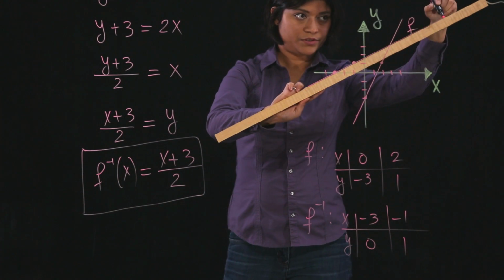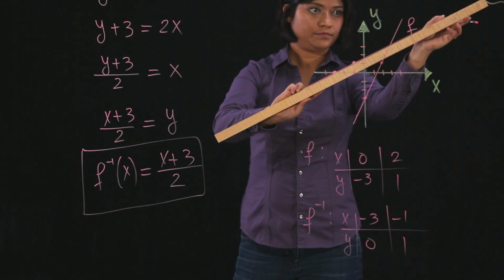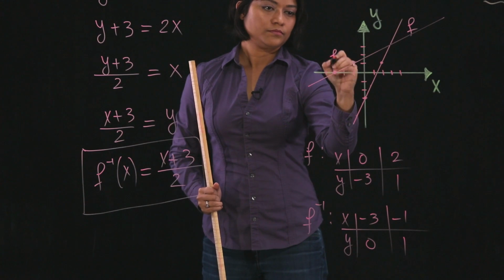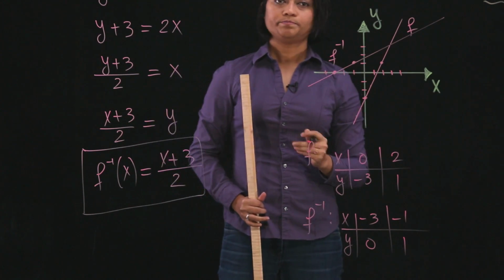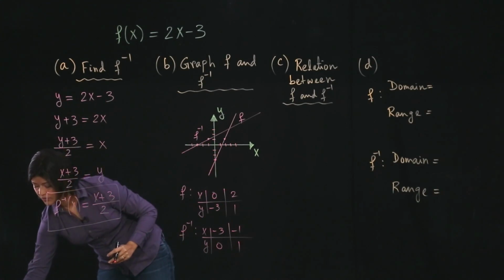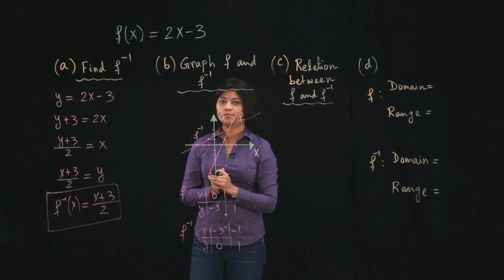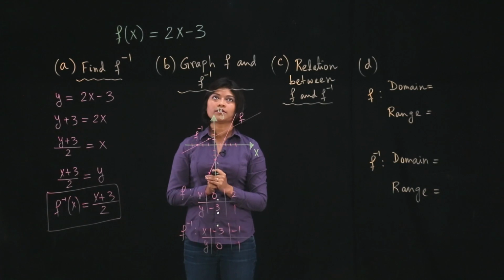So f inverse is that line. So we have graphed both f and f inverse on the same coordinate plane.